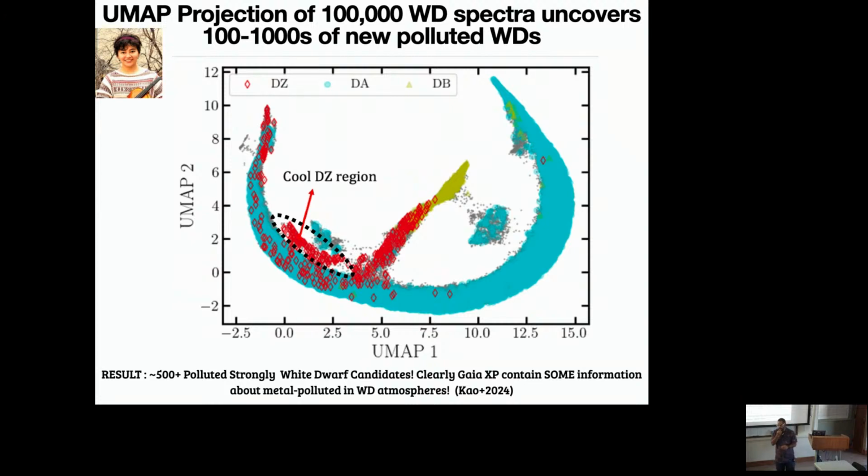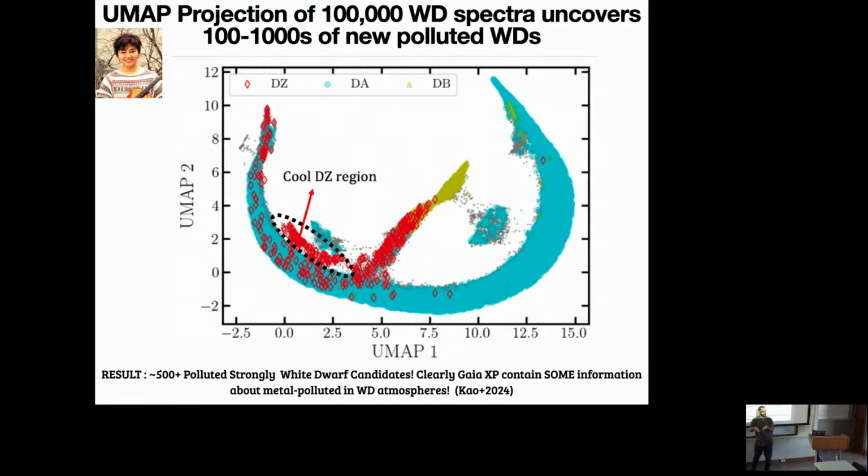That's a good question. So first and foremost, this area is strongly polluted, and all the strongly polluted white dwarfs really are here. The DAZs and the DBZs are separate. So the DBZs are up here, and the DAZs are down here, and these are the known DZs. So they are different flavors of polluted white dwarf. These are the DZs, so they don't have hydrogen or helium lines.